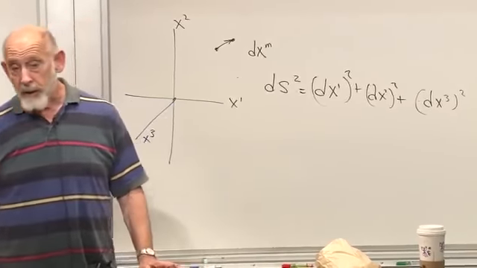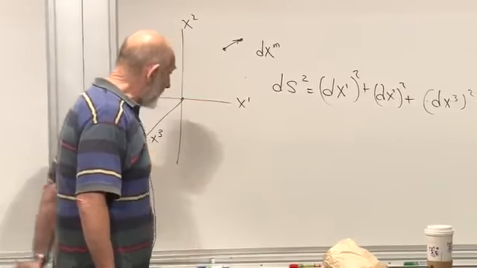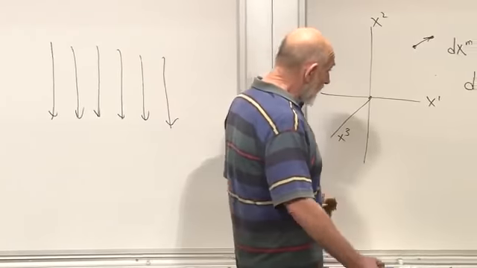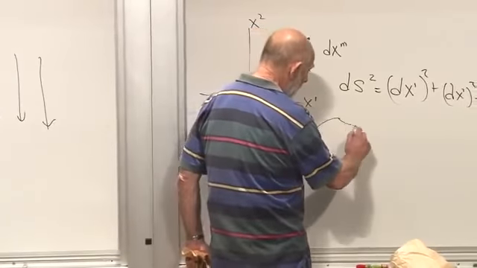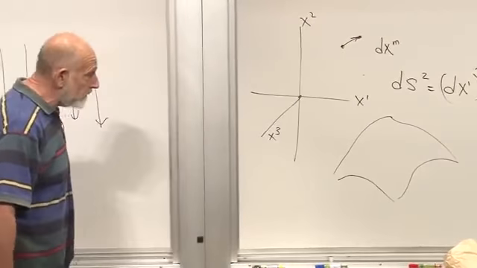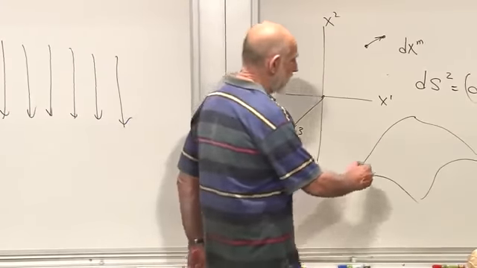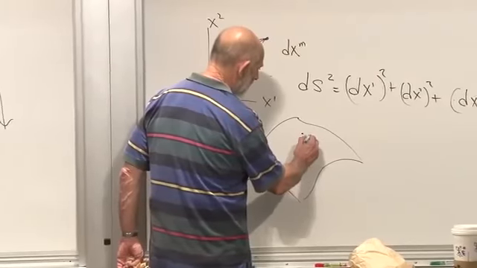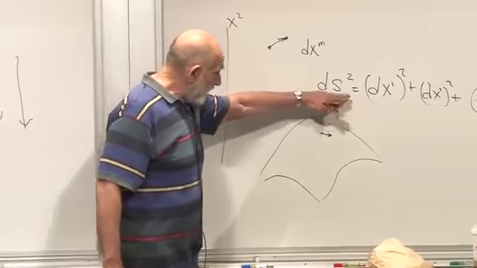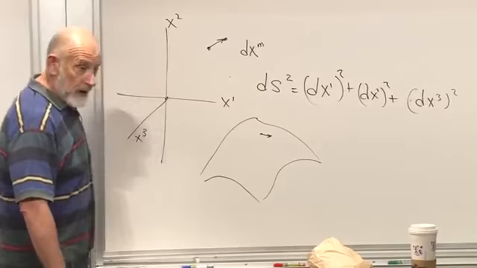Now, Gauss had already understood that on curved surfaces, the formula for the distance between 2 points was more complicated in general than this. Two-dimensional surfaces, and Riemann generalized this to arbitrary dimensions, however many dimensions you have, and what was known from the theory of surfaces is that the right formula for the distance between 2 points, first of all, before we talk about it, let's suppose we have some kind of surface.